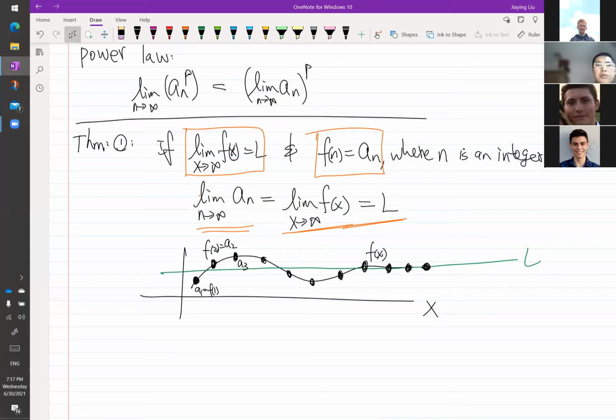When we want to find the limit of some sequence, we don't see it directly. We can always rewrite the sequence, the a_n, using f(x), and use that continuous function to find the limit there.